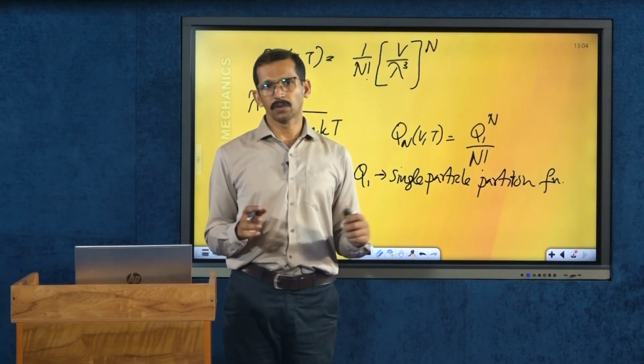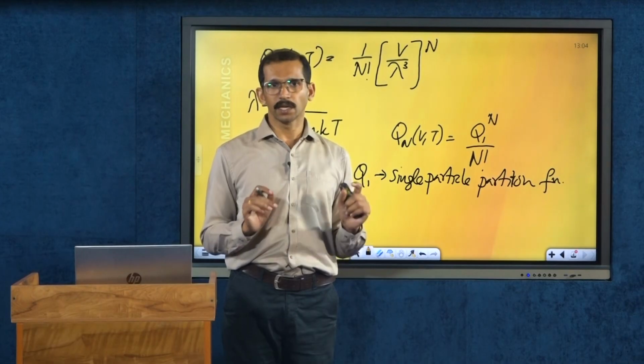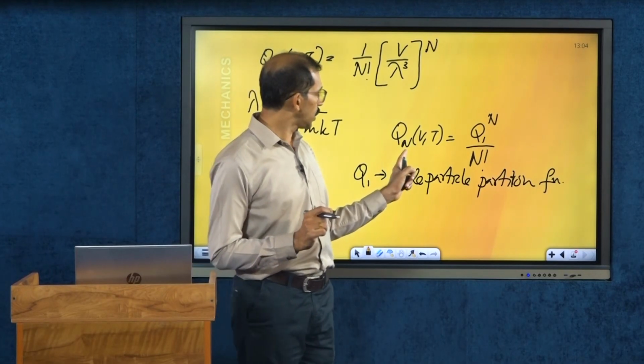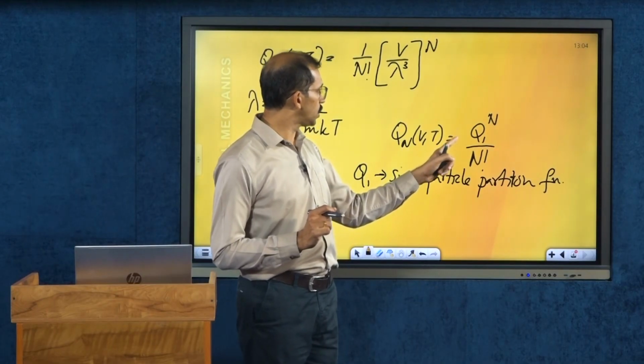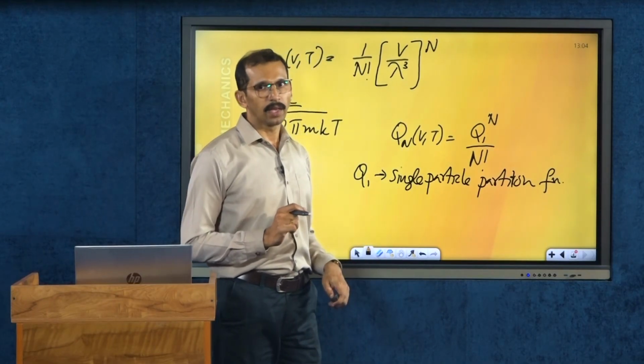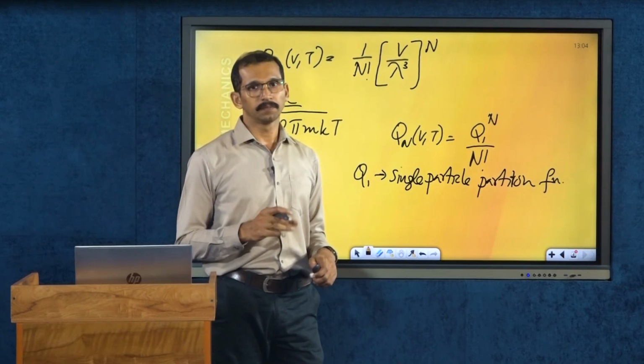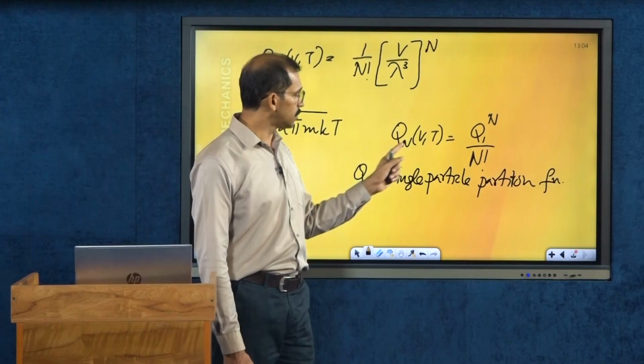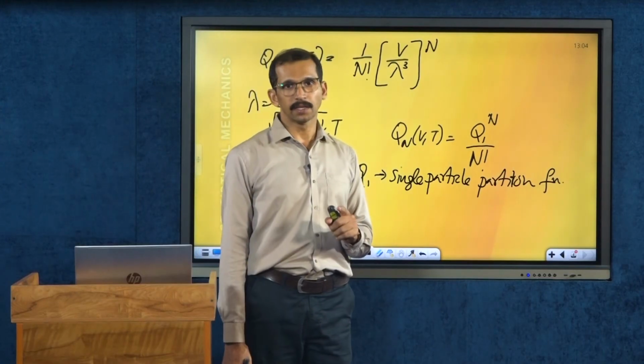So we can write Q_N V T is equal to Q1 raised to n by n factorial. That is another way to express the partition function for a 3D ideal gas system.